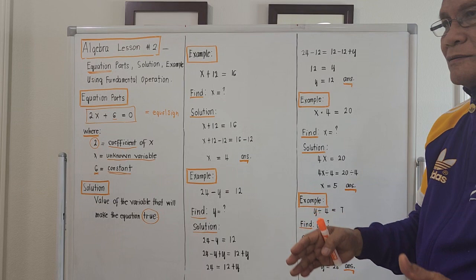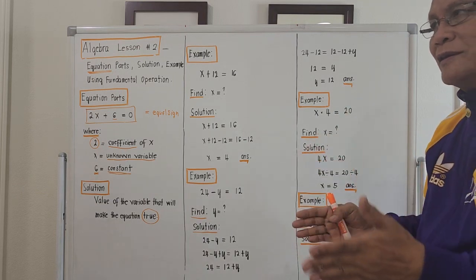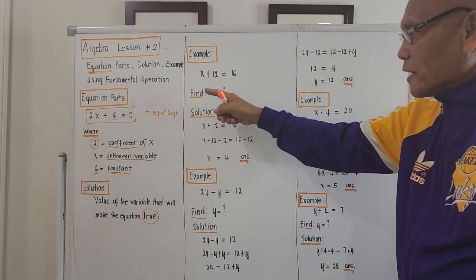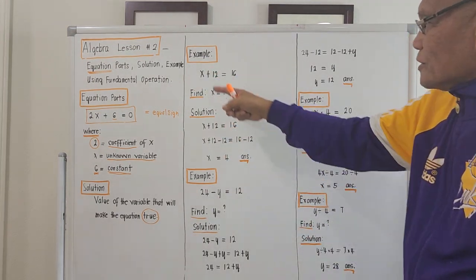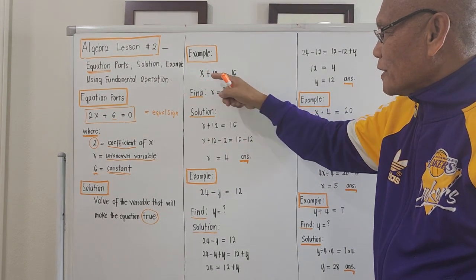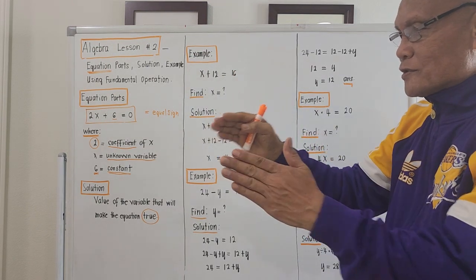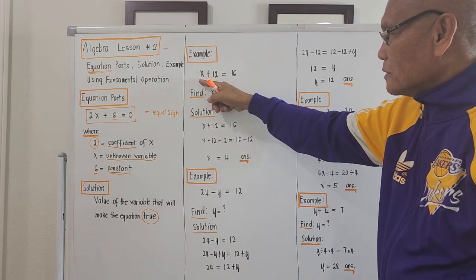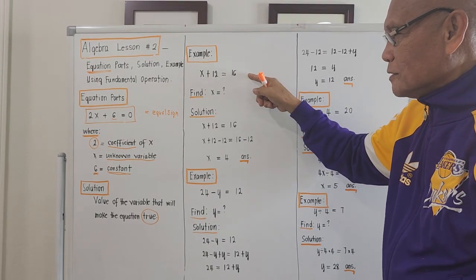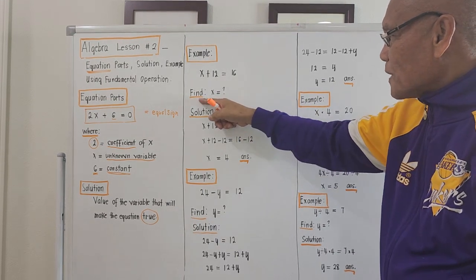As always in algebra, we are solving for the unknown variable x or y. The variable here is x. We have the variable and the constant. The problem is asking what the value of x will be for it to be equal to 16. So the problem is asking to find the value of x.